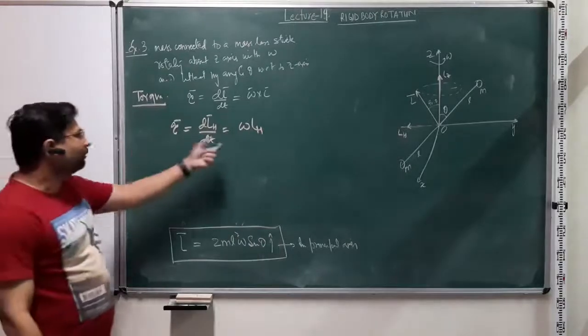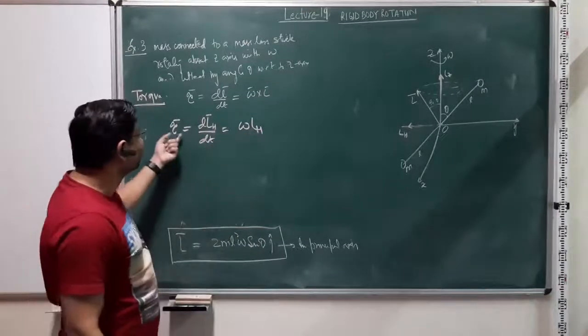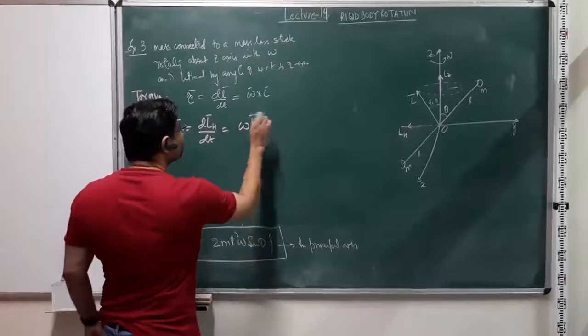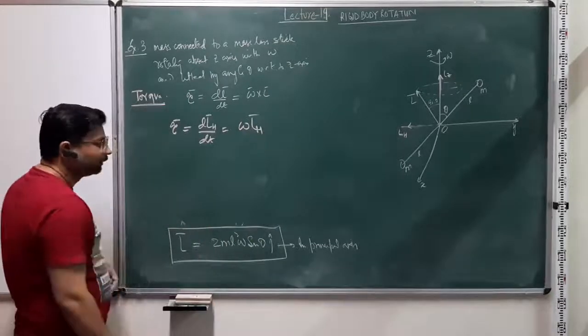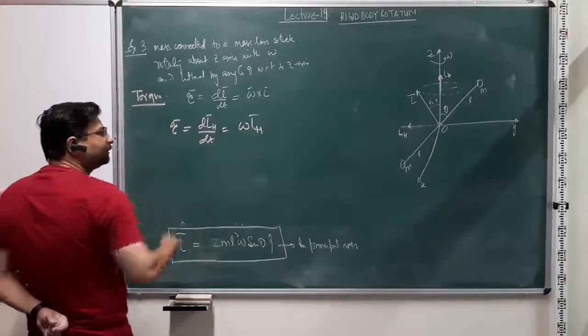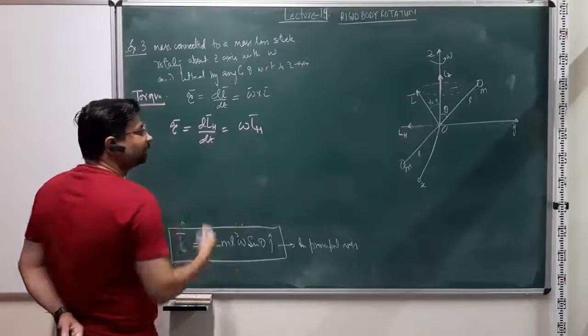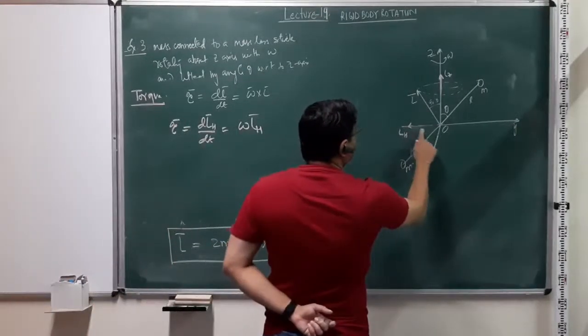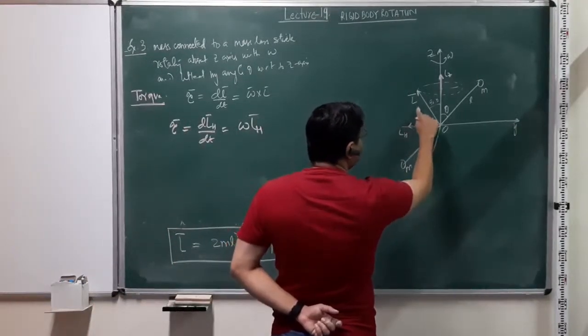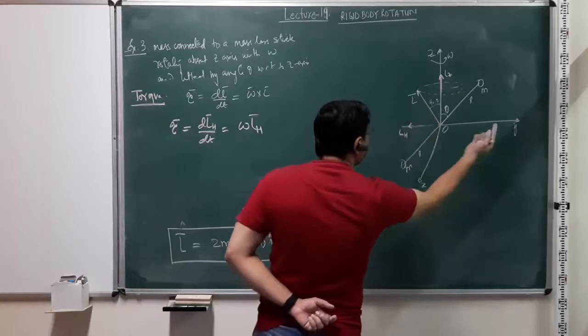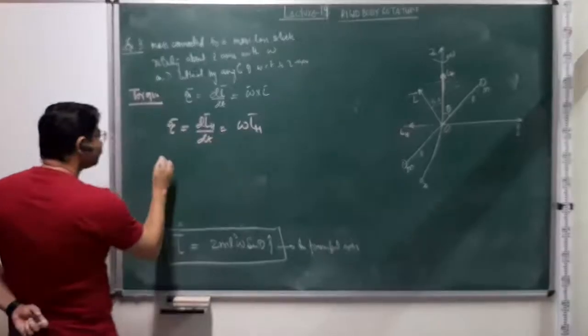Okay, so now all we have to do is find out what this LH is, and then we can find out what the torque in the system is. So let's write down this LH. Now LH is the horizontal component of the total angular momentum L, rotating in the xy plane.